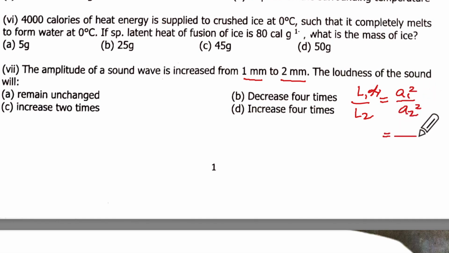Initially amplitude A1 is A, it is 1, so it will become 2A. Let us write 1 square and 2 square. So it will become 1:4. So loudness is going to become 4 times. Option D, increase 4 times.